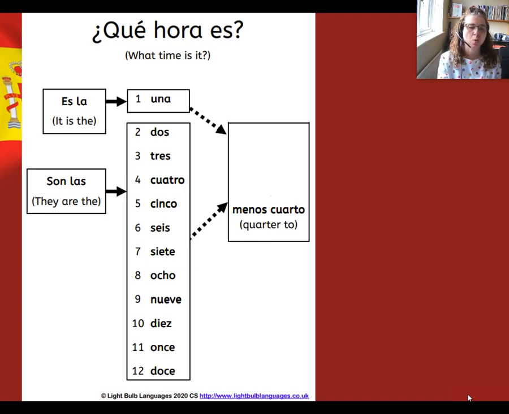What about it's quarter to 4? Son las 4 menos cuarto. That's the tricky one. And here's another tricky one. It's quarter to 1. Es la una menos cuarto.